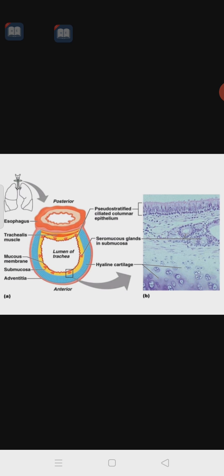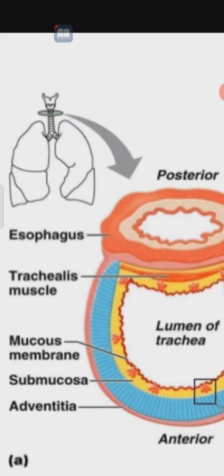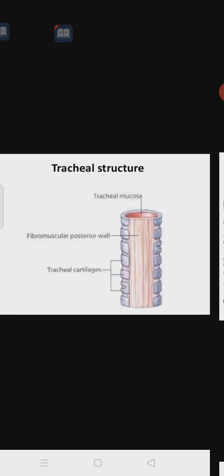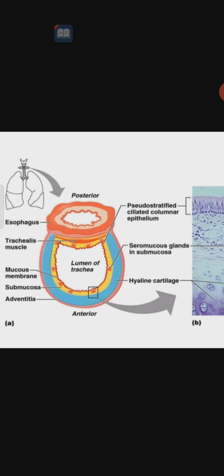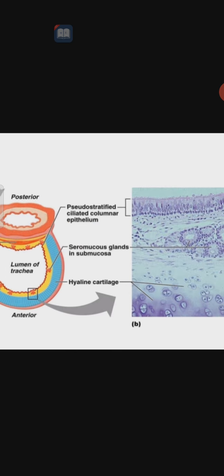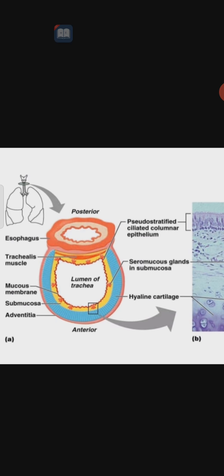When you take a section of the trachea, the structure appears like this. So this is the lungs' upper surface, which we call the tracheal part. When we take the cross section of the trachea, the structure appears like this, anterior, posterior. All these parts come under the trachea. So esophagus, then trachea.